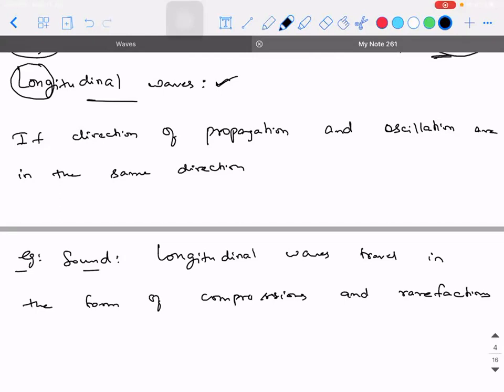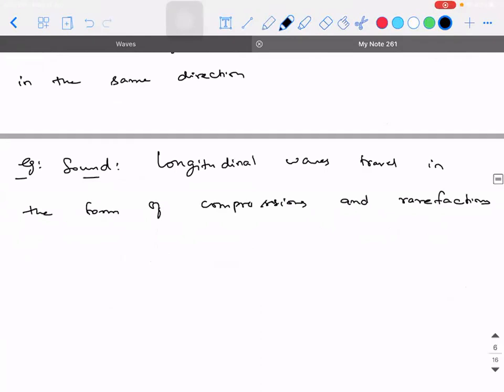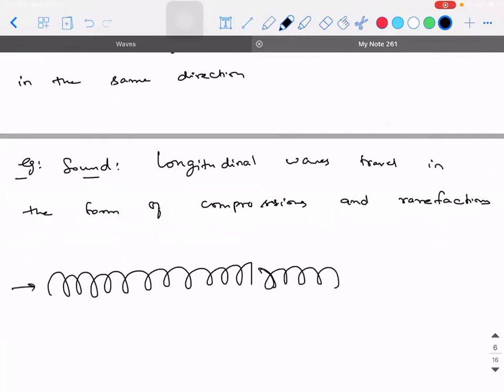Compressions means coming close to each other. Rarefaction is expanding. Sound is an example. The other best example we can think of is a spring, generally called a slinky. You can actually find this in your lab. If I apply a force in this direction, what do you think will happen?